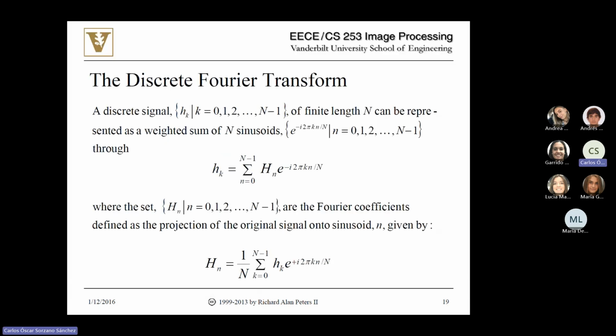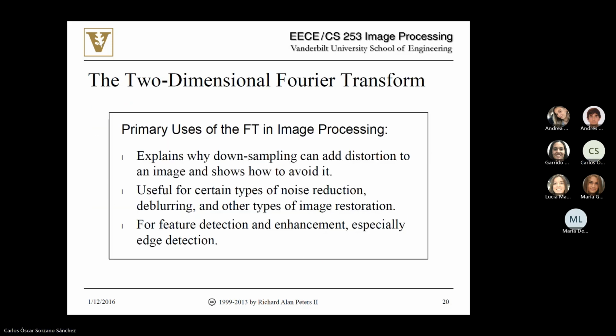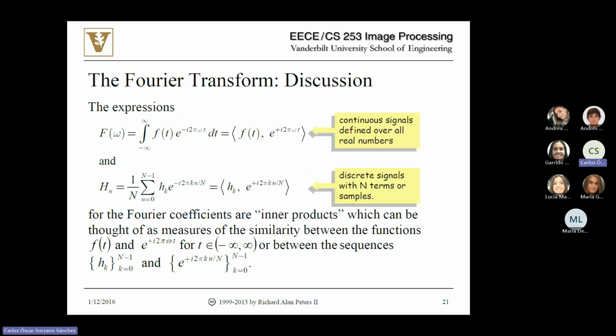Okay, so these are our complex valued signals. So this is the Fourier transform. So the Fourier transform will continue for continuous signals.